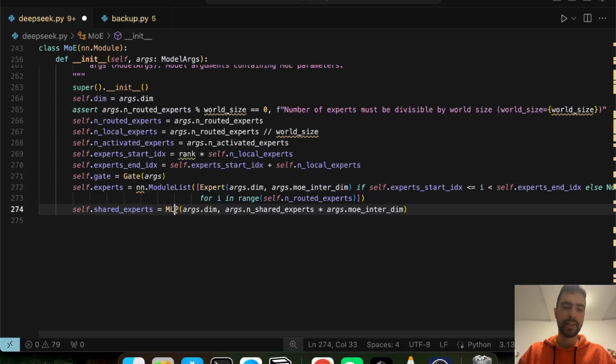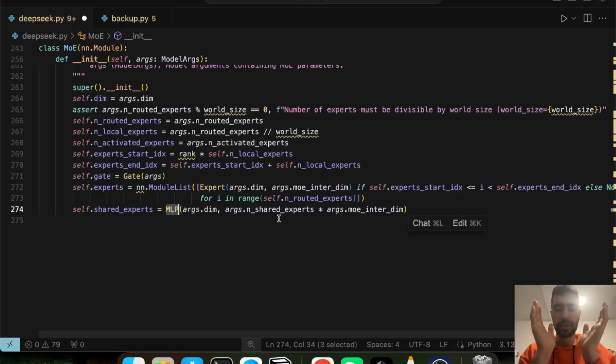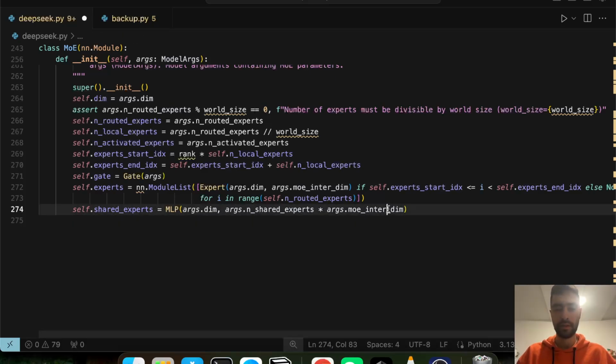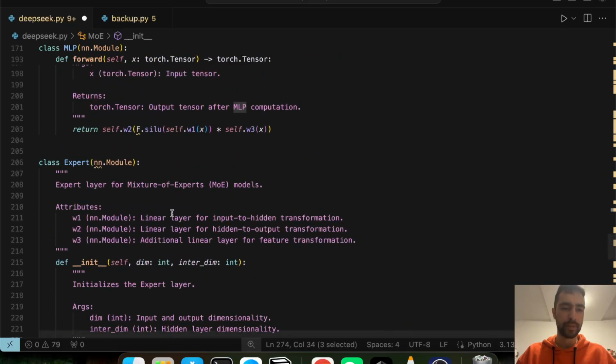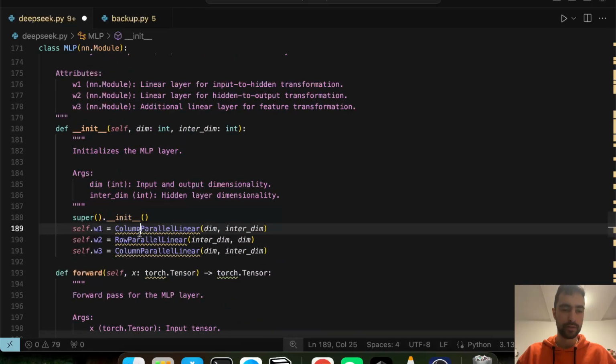So this MLP will be one big block of shared experts, and it looks like this is gonna be more computationally efficient because now we only have one input dimension, and all of the output dimensions are kind of concatenated and calculated together, all of the expert outputs from the same dimension. And in MLP we are using the parallelization.